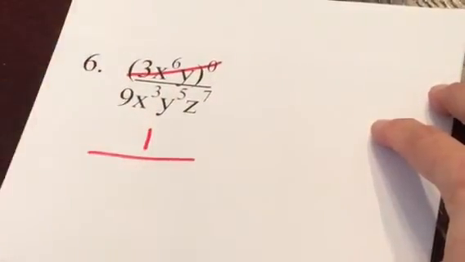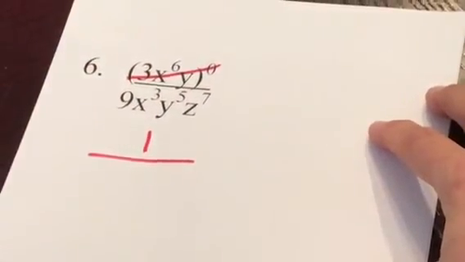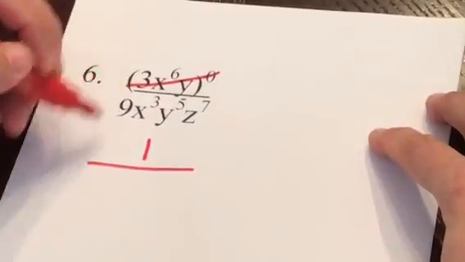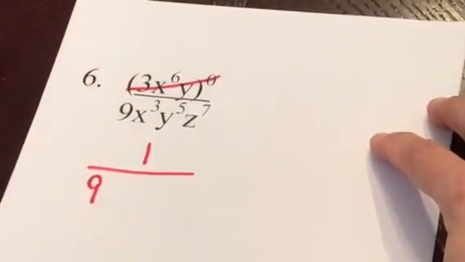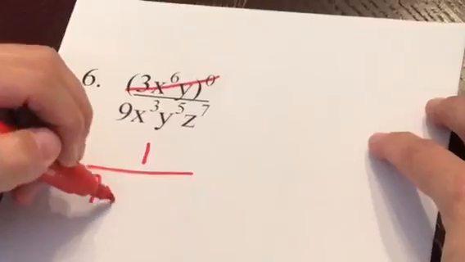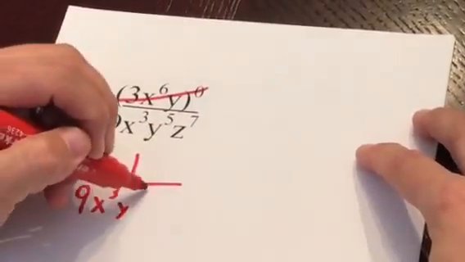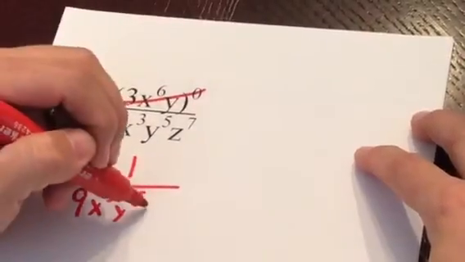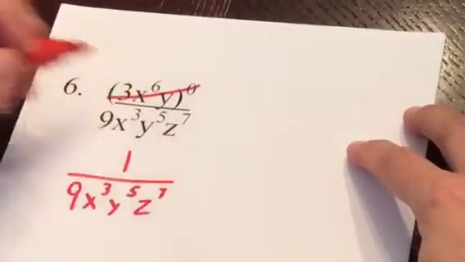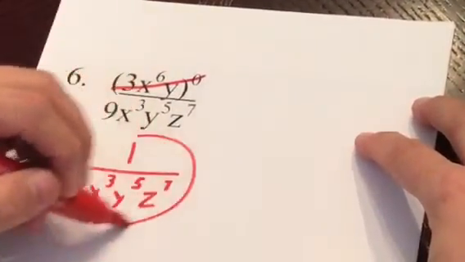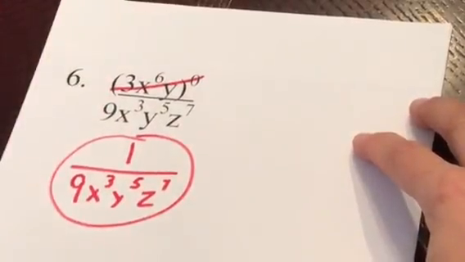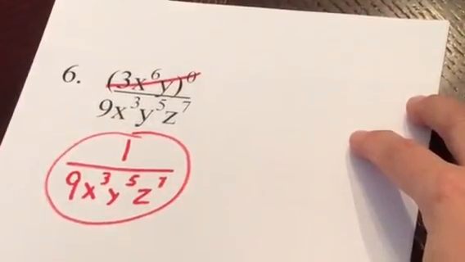Another example where I must use 1 to hold that position. The 9 on the bottom stays. The x to the 3rd on the bottom stays. The y to the 5th on the bottom stays. And the z to the 7th on the bottom will stay. And we have our final answer for number 6.